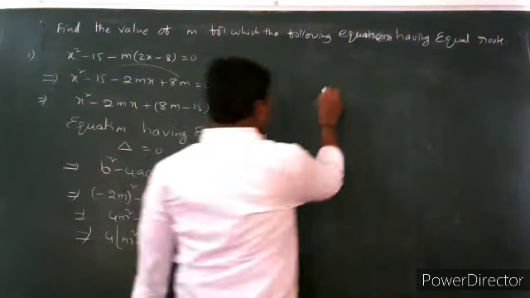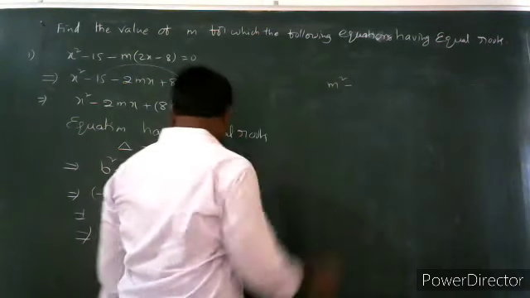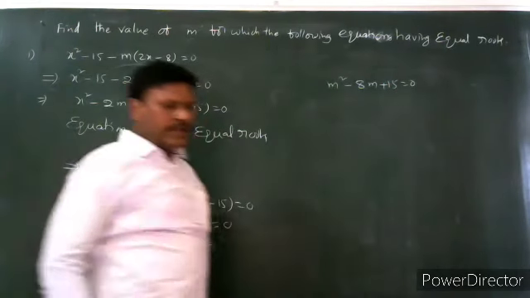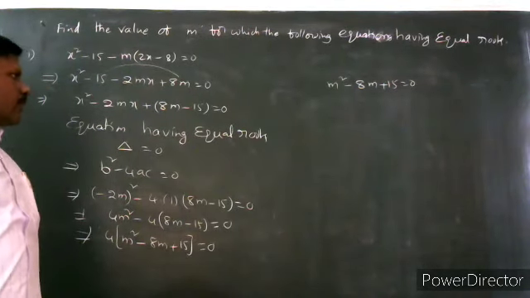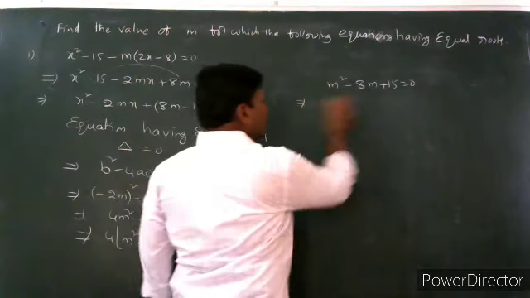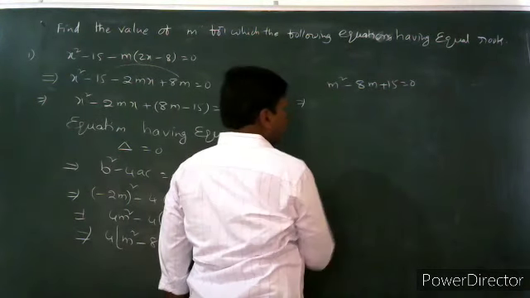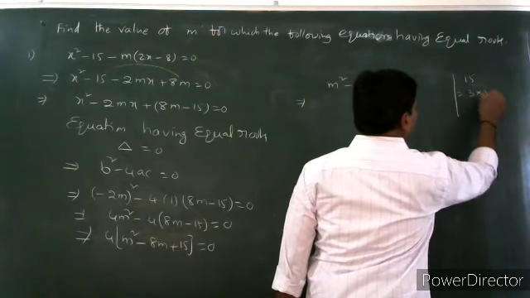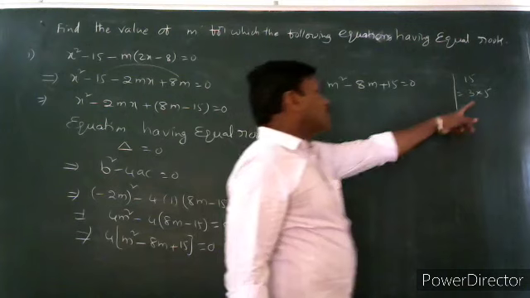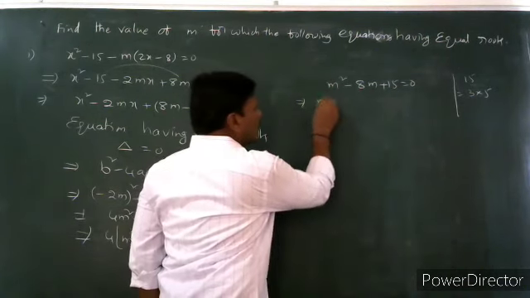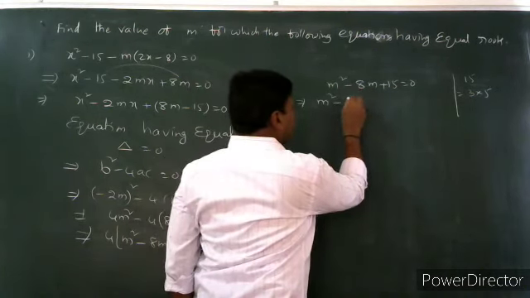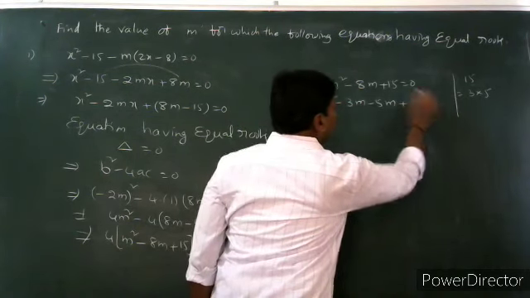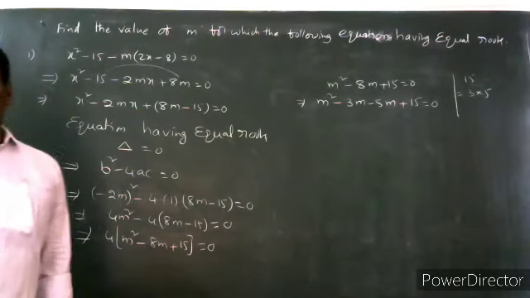Now the equation is m square minus 8m plus 15 is equal to 0. Factors: 15 can be written as 3 5s, and 3 plus 5 is 8. So m square minus 8m can be written as minus 3m minus 5m plus 15 is equal to 0.